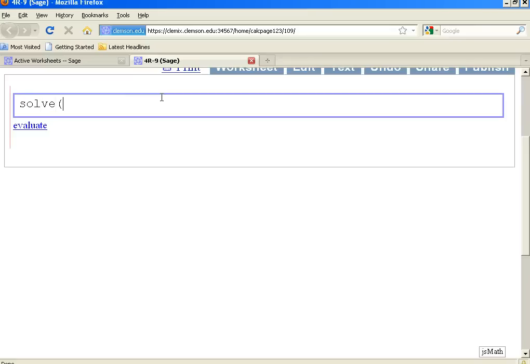Now let's do that equation again. X to the 5th, minus 3. Now, I have to write multiplication explicitly in this system.